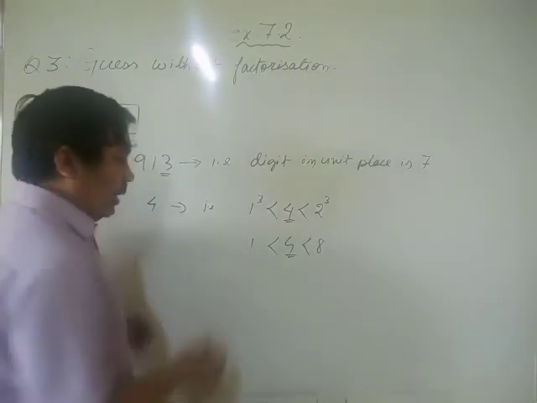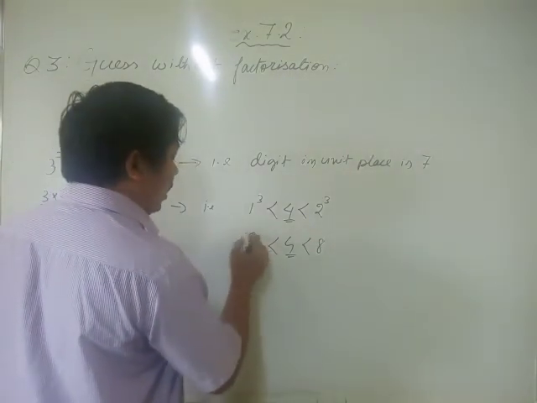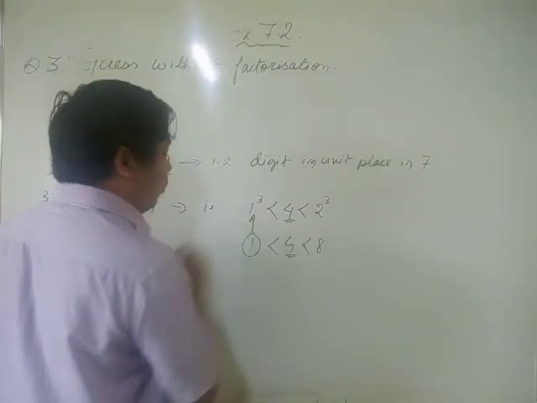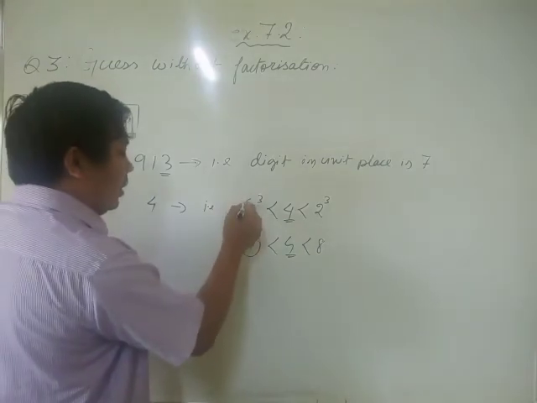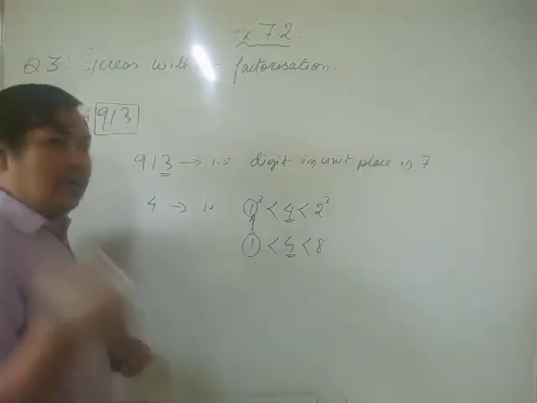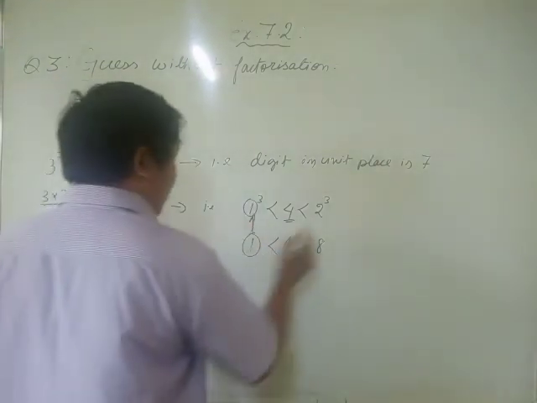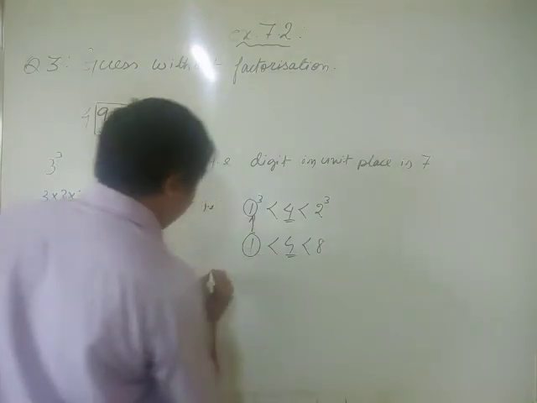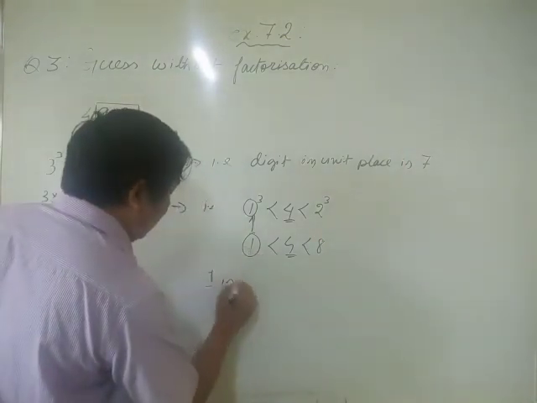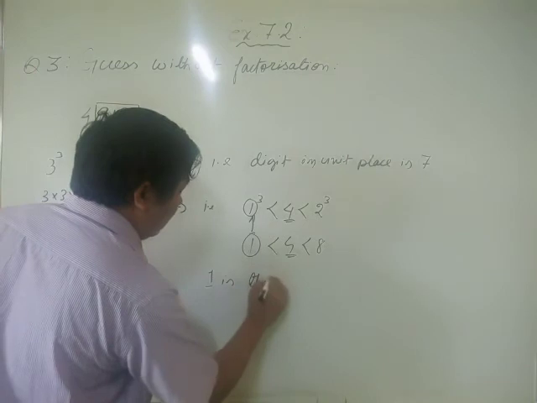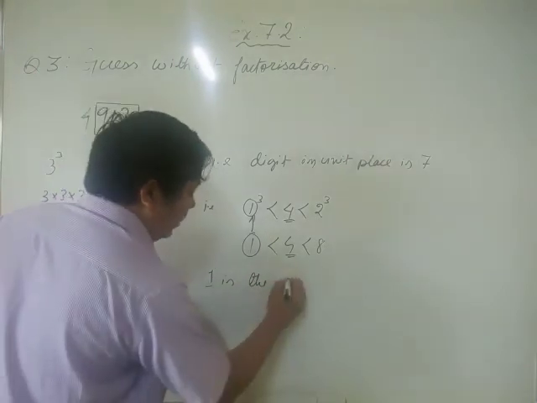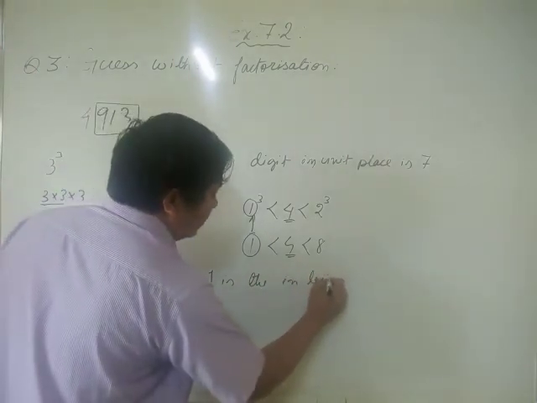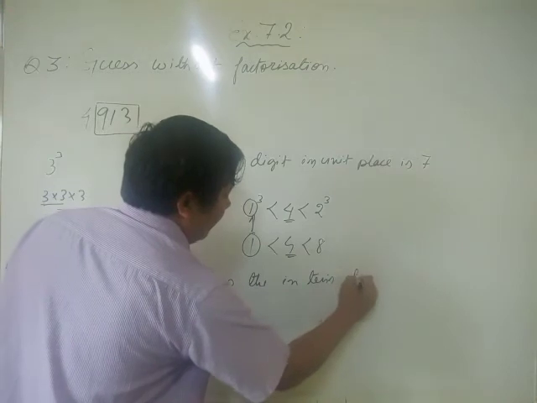Yes, correct. Then what we have to do is take the smaller one. So whose cube is this? This is the cube of 1. Then we will take the digit 1 to be in the 10th place, that is, 1 will be the digit in the 10th place.